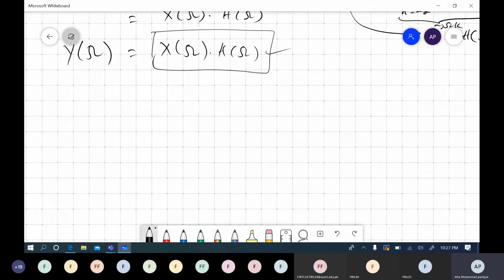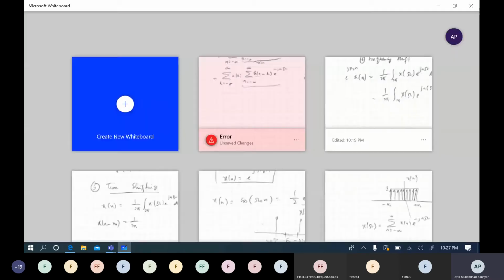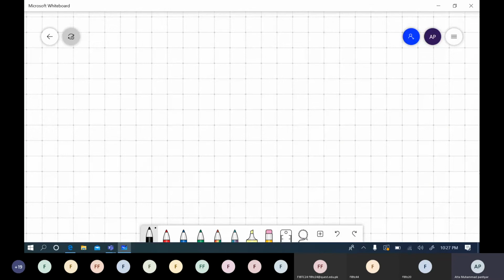Okay, now another property that is called the difference property. Should I write it on another whiteboard, because sometimes it hangs.